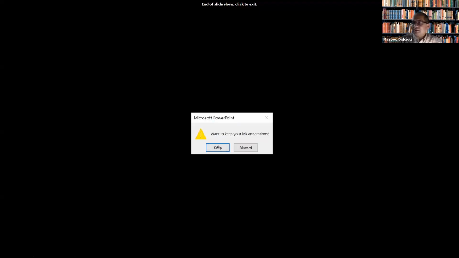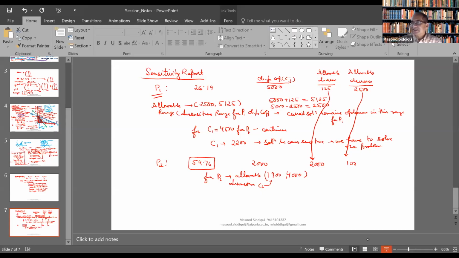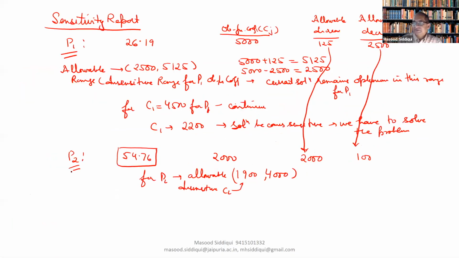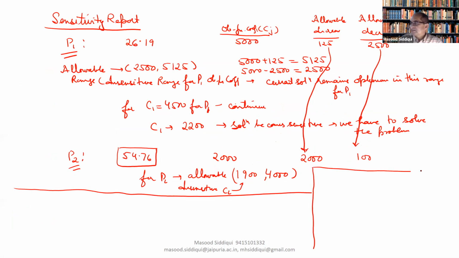Now we are going to discuss the simultaneous changes. As has been mentioned, we will discuss the simultaneous changes also. Suppose we are considering a simultaneous change, with one positive and one negative value. For product 1, the current profit was 5,000.